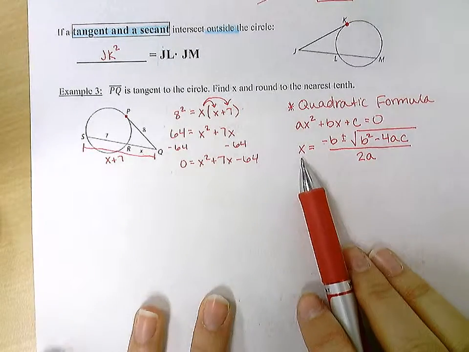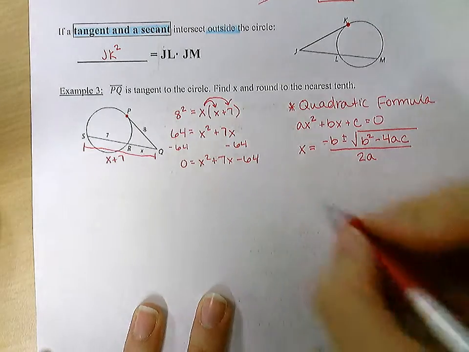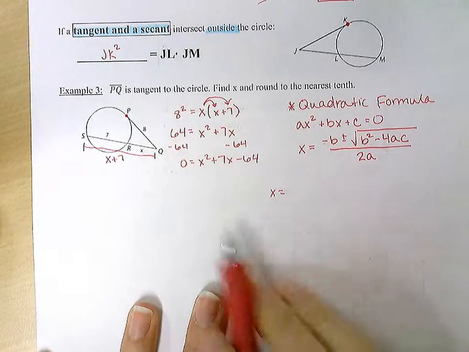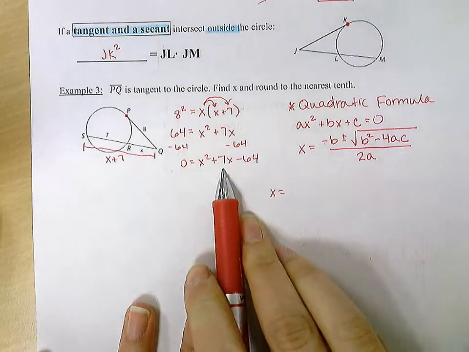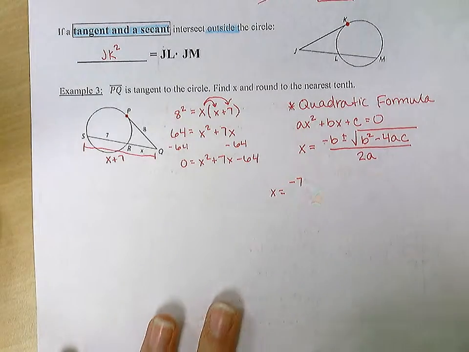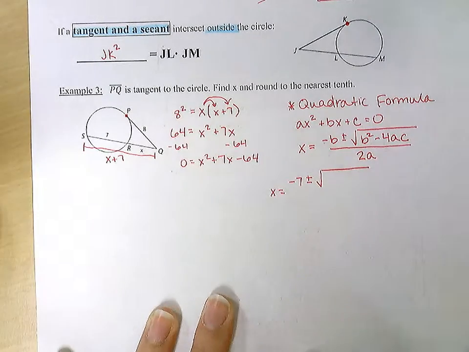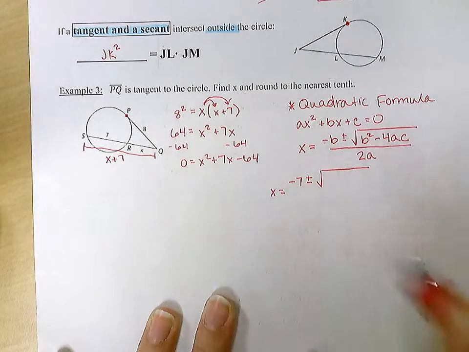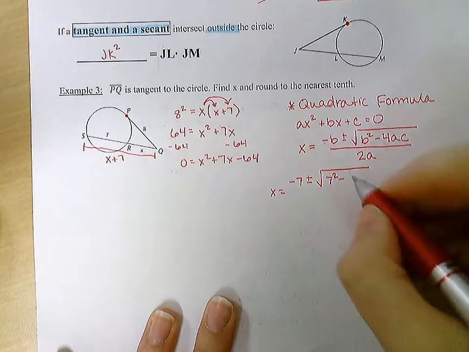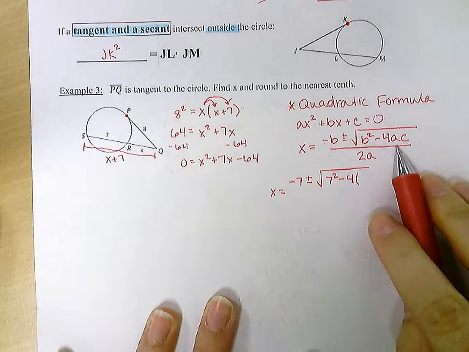So to find my x value, all I need to do is plug in each of those values. For my equation, I need the opposite of B. B is 7, so I need to take the opposite of 7, plus or minus the square root. Again, b is 7, so 7 squared minus 4 times our a value.